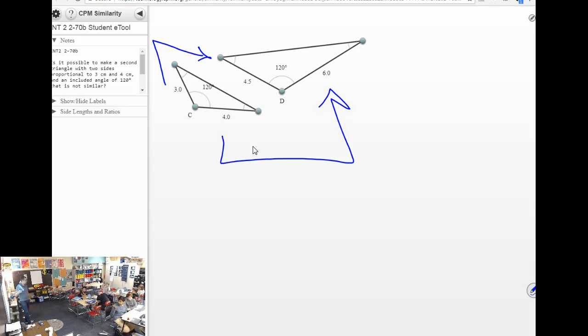Thomas? Multiply by 1.5. What happens when I multiply 3 times 1.5? I get 4.5. Do we have the same scale factor between the sides I have shown? Do we have congruent angles on the angles I have shown? Do we have similar triangles?